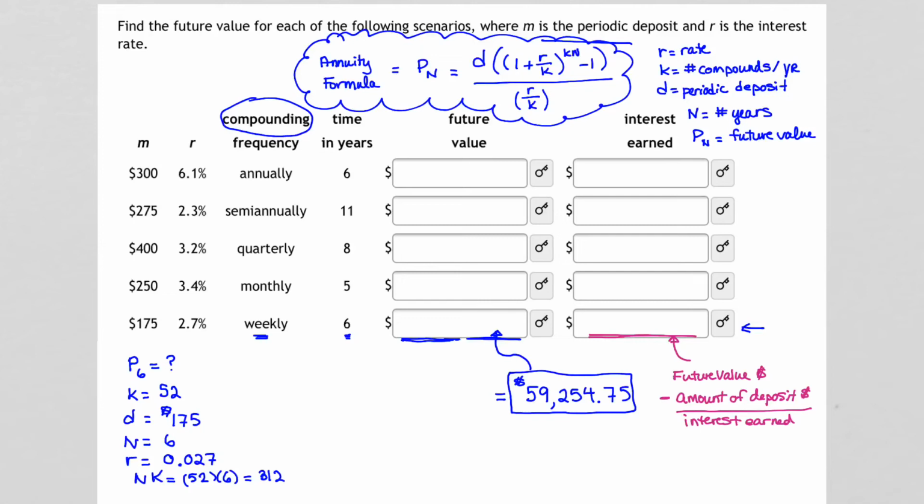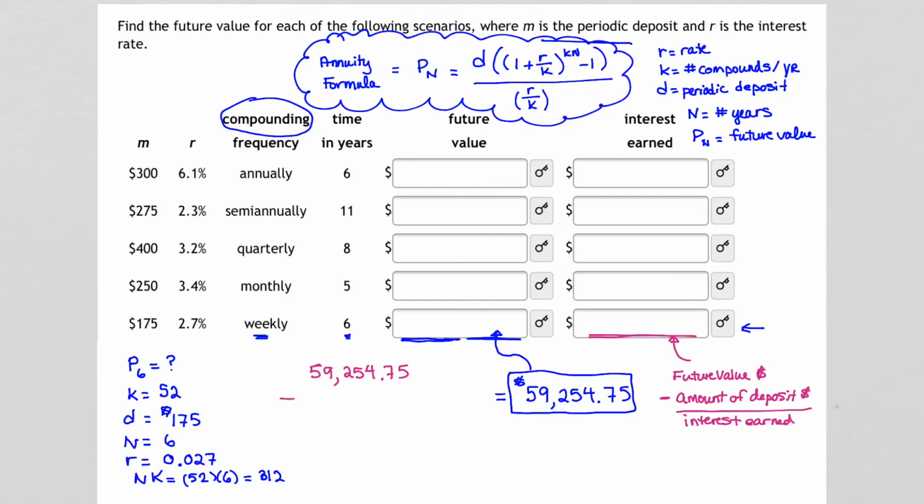All right, here we go. Let's first start by writing down our future value, $59,254.75. We're going to subtract from that our amount of deposit. Now, how do we figure out our amount of deposit?